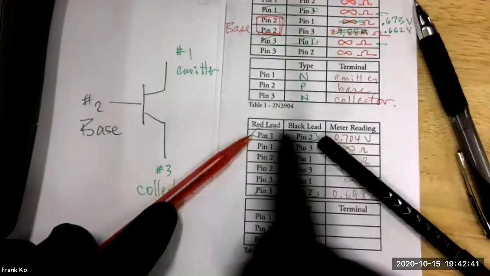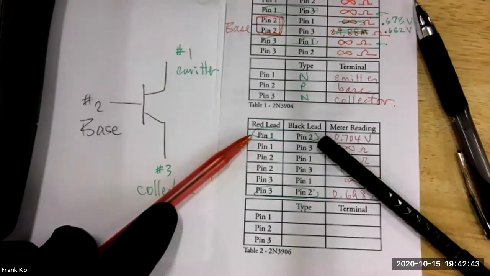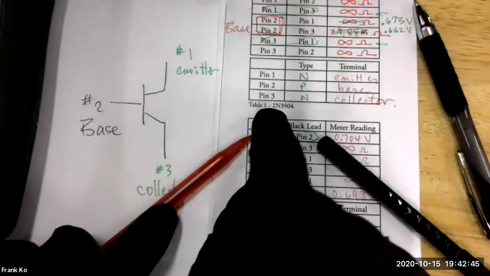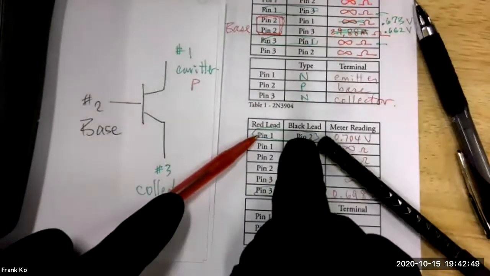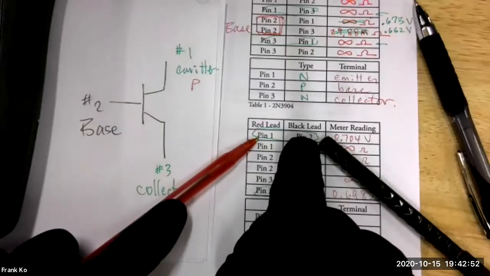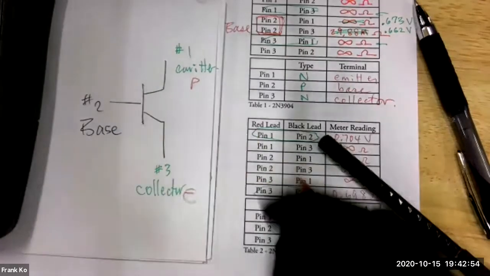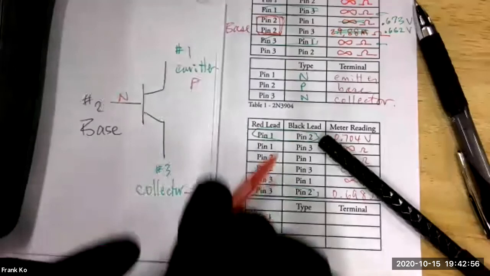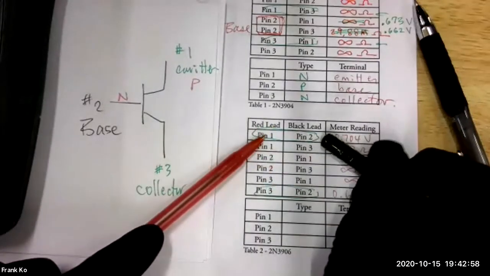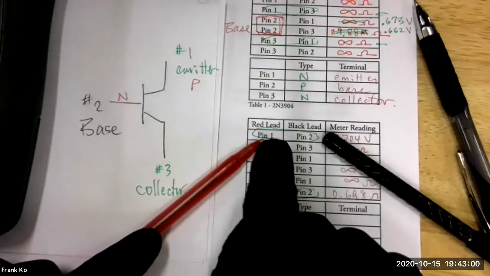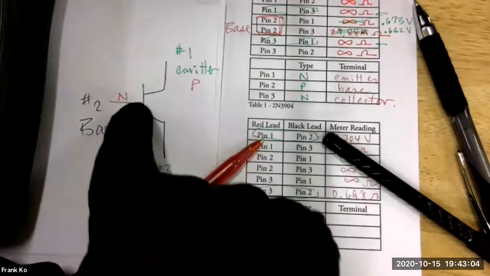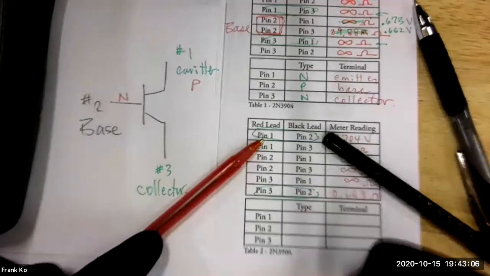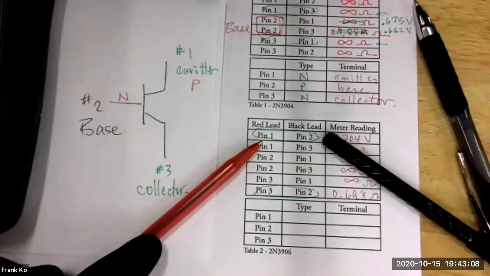The data on the row tells you you have P material on the emitter, which tells you you have what material on the base? N material on the base. So by reading how the leads attach to these pins, that tells you P material is in the emitter, N material is in the base. Therefore, now you know which way to draw the arrow.